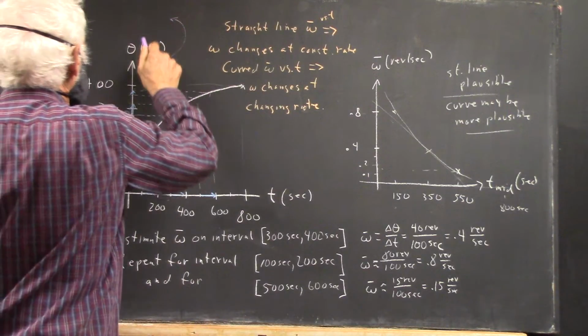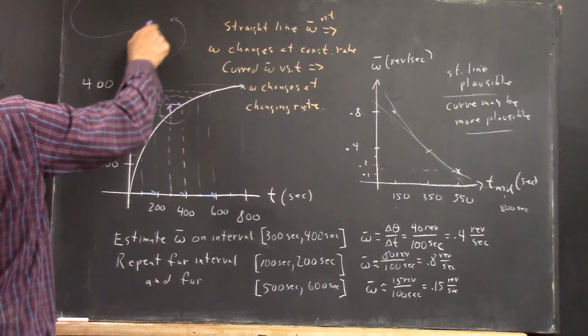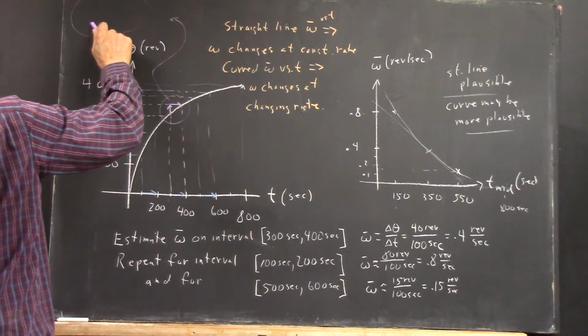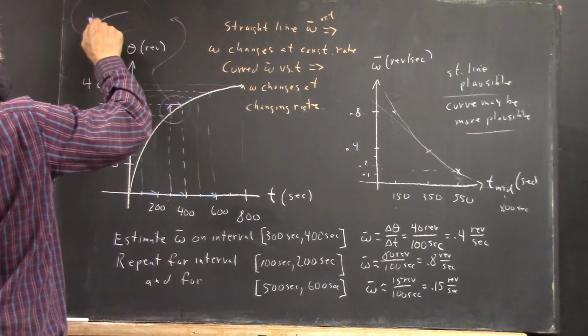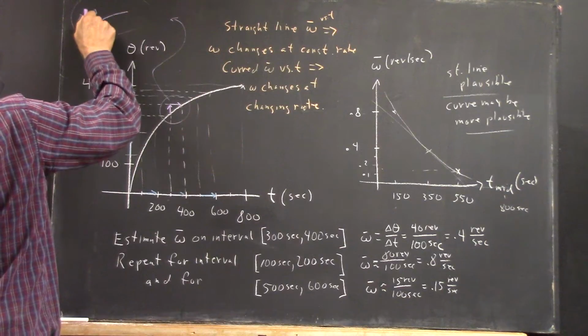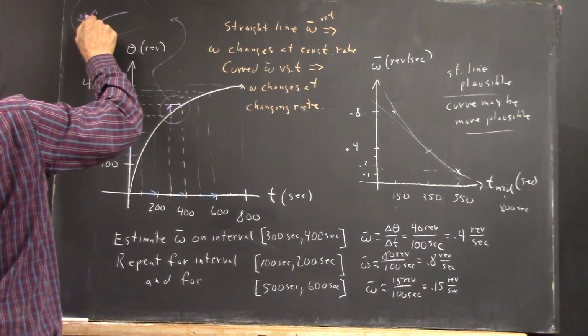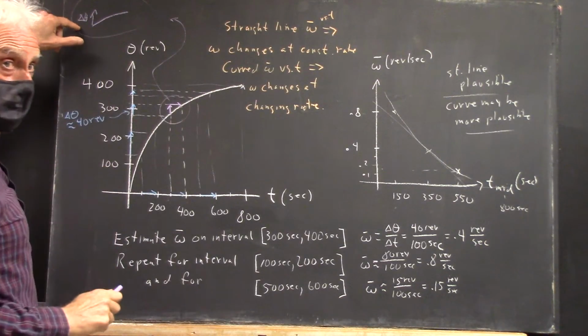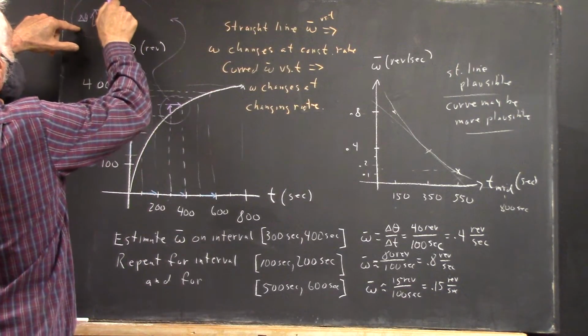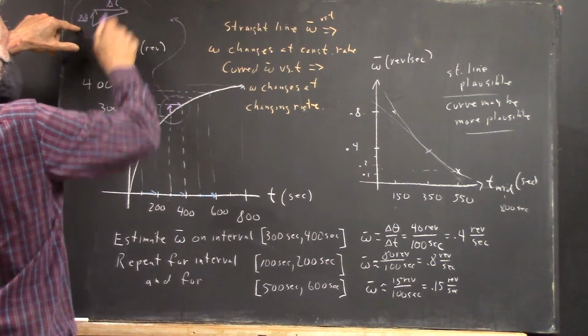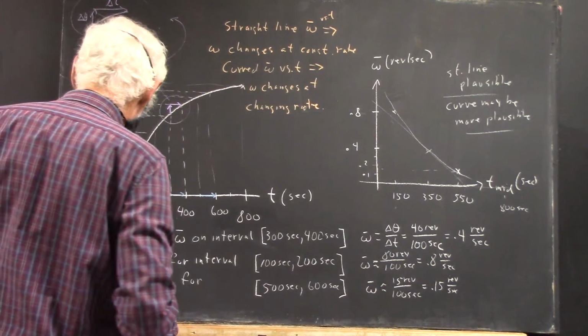Let me make a bigger picture of it. I've got the graph, and I've got delta theta. That's a really skinny theta, so pretend you can see that, okay? Delta theta and delta t, and here's my curved graph.